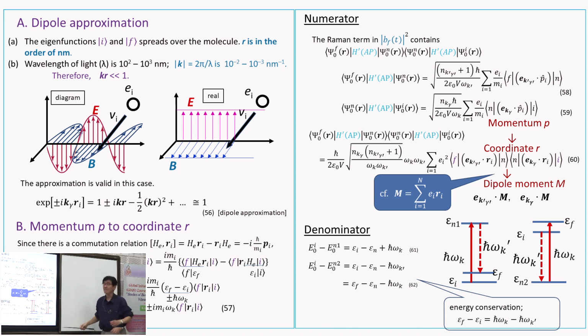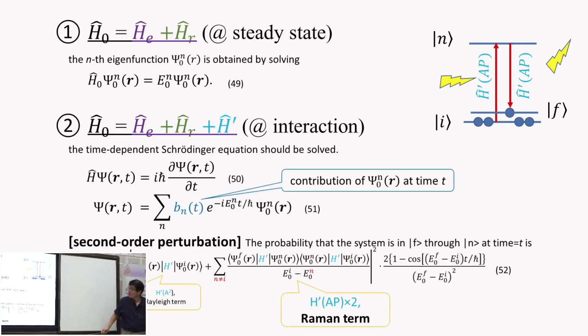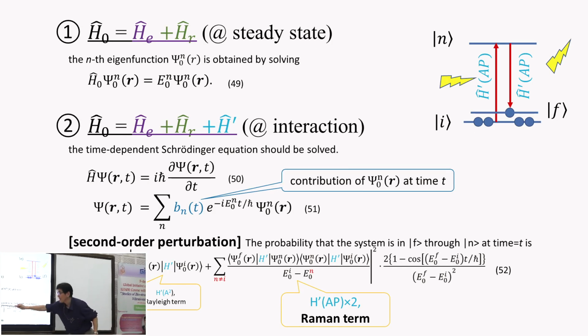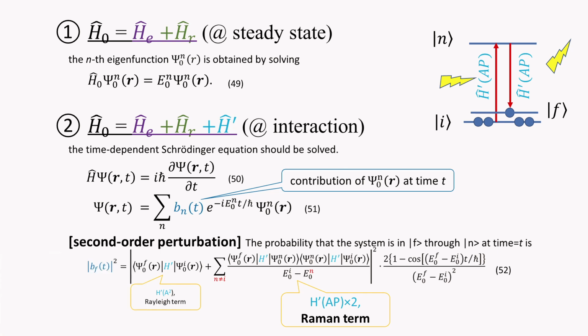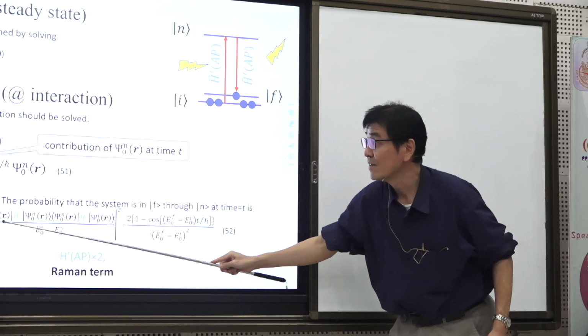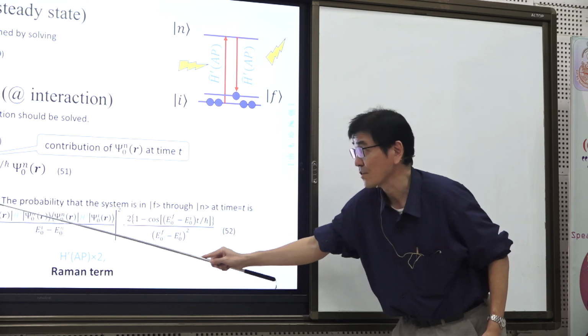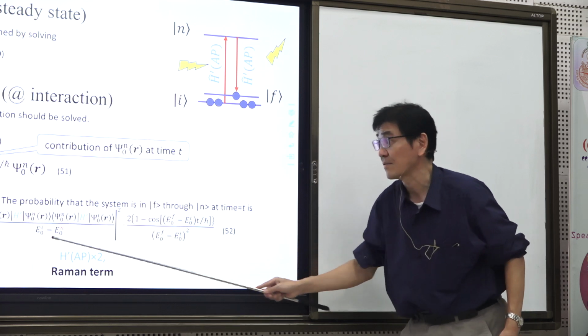Okay, so in summary, we want to derive the equal relationship further, and consideration is separately done for the numerator and denominator.